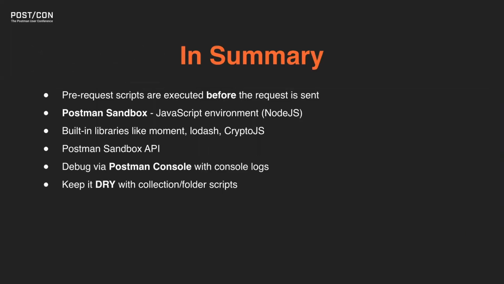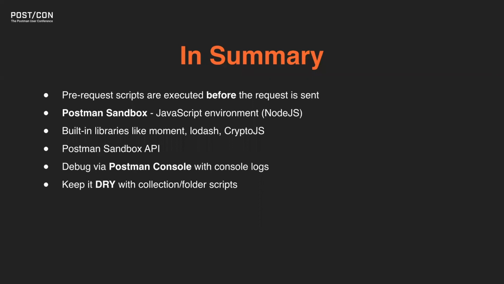So wrapping it all up, pre-request scripts are executed before, and tests are executed after our request is sent. Our Postman sandbox is this JavaScript environment that we've been working in and pretty much allows us to manipulate things in this Node.js environment. We have a lot of built-in libraries such as Moment, TV4, Lodash, and Crypto.js that you are able to interact with, and we have the reference for you posted in the Zoom chat.